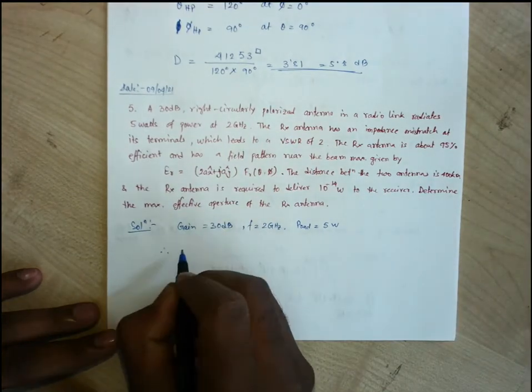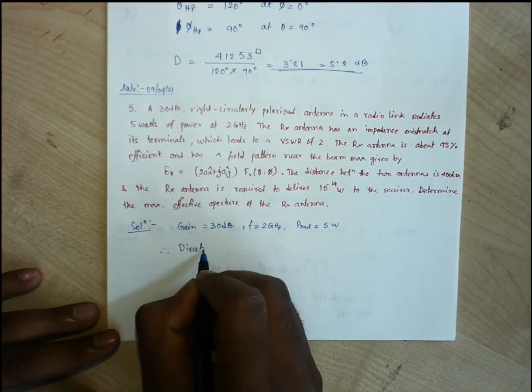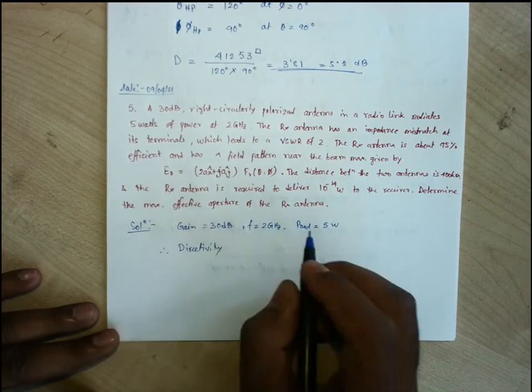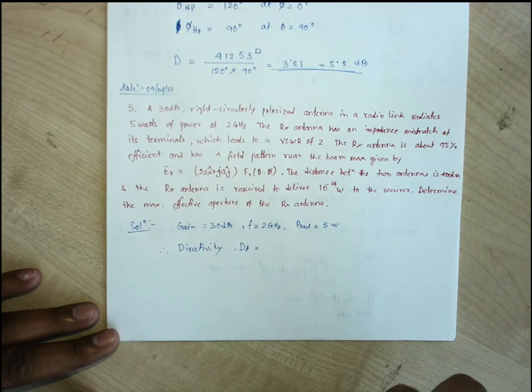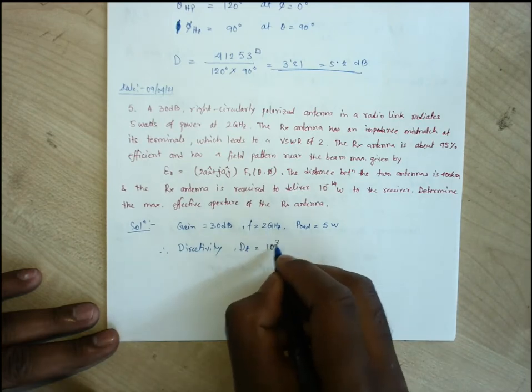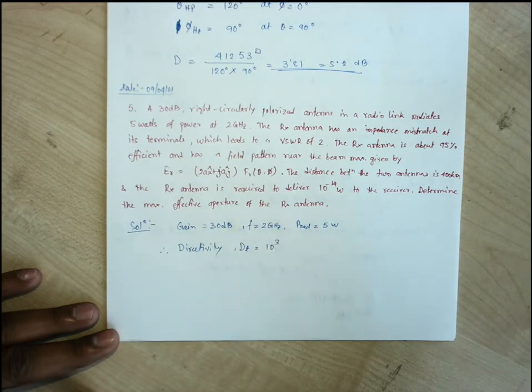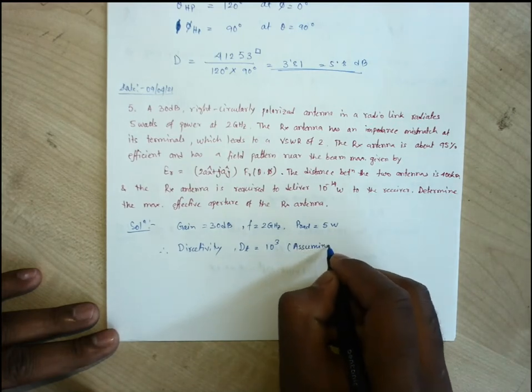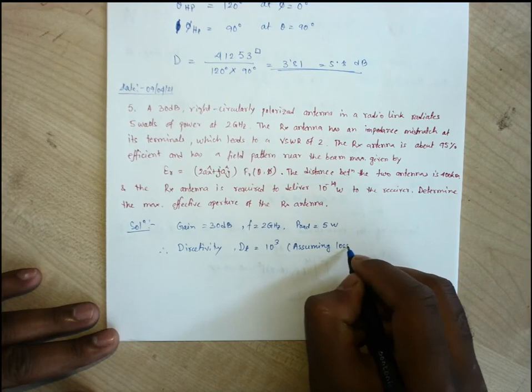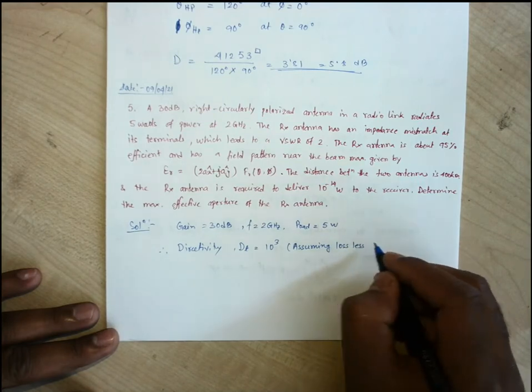Therefore we can write the directivity D_T of the transmitting antenna; 30 dB means 10 to the power 3, assuming a lossless transmitting antenna.